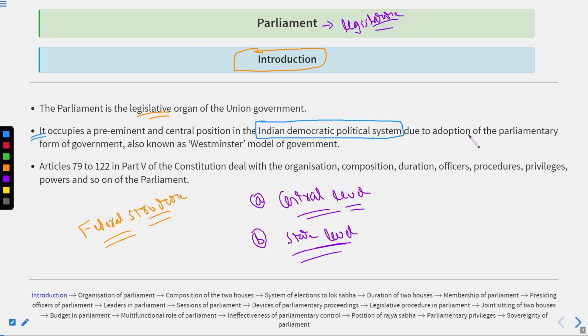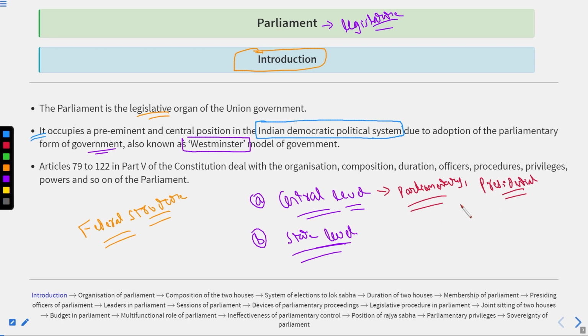This is due to the adoption of the parliamentary form of government, also known as the Westminster model of governance. Federal structure provides for two divisions of government, the central level and the state level. At the central level there are two types of government: parliamentary and then presidential.